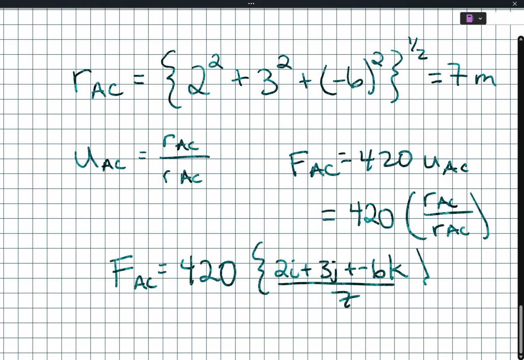This is in newtons. And then that's going to get us 120i plus 180j minus 360k.